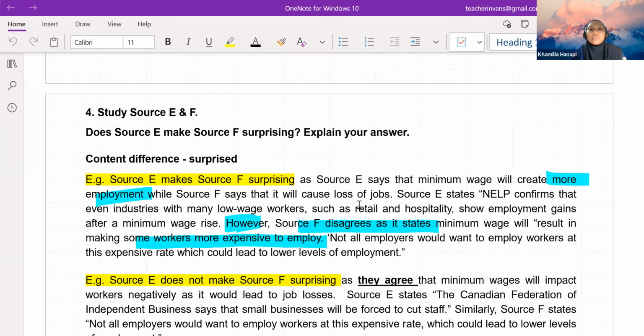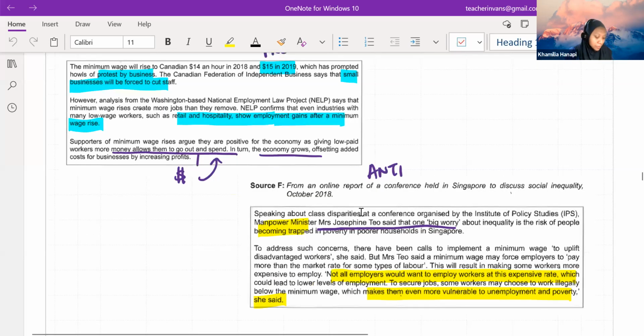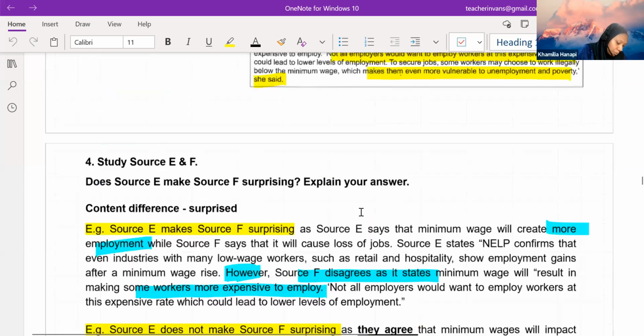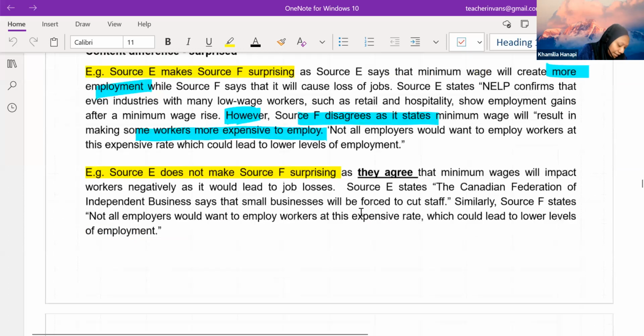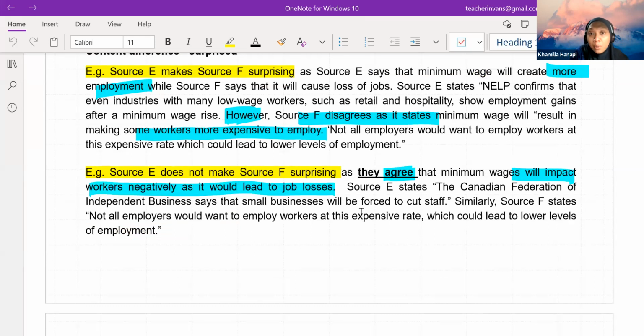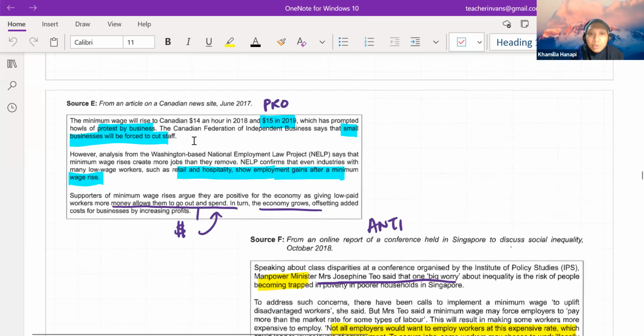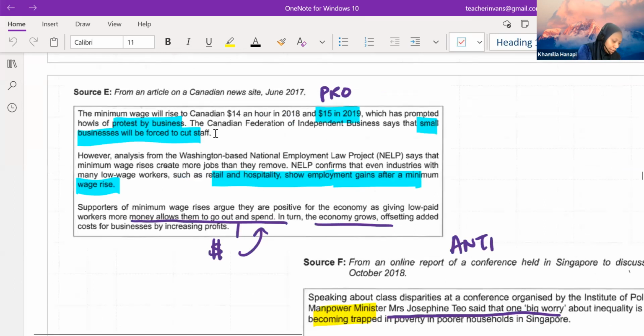Source E doesn't make source F surprising because both of them do agree that minimum wage will impact workers negatively. It will lead to job losses. Where is that job loss in source E? Remember that Canadian source? The very fact that a lot of them will be forced to cut staff. Can you see the cut staff here? So this is the negative aspect, right?